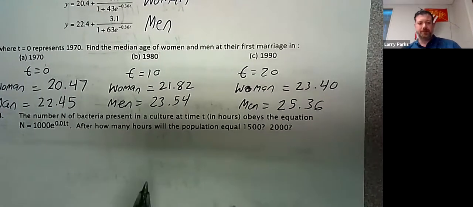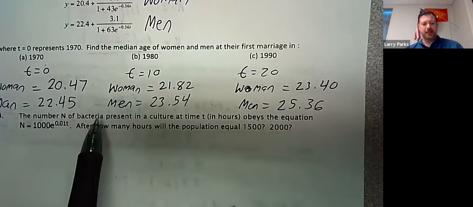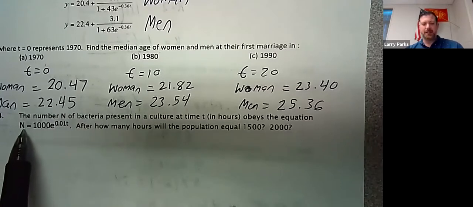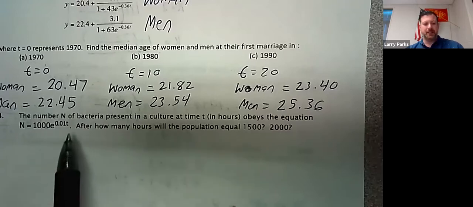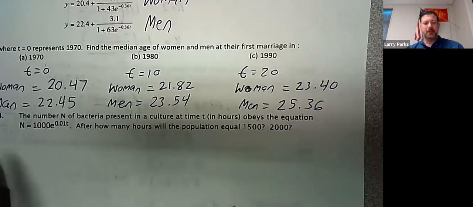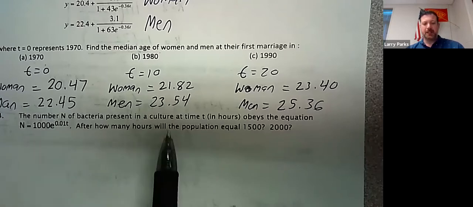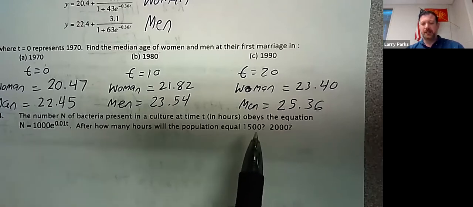Next, the number N of bacteria present in a culture at time t, where t is in hours, obeys this equation. After how many hours will the population equal 1,500? 2,000?